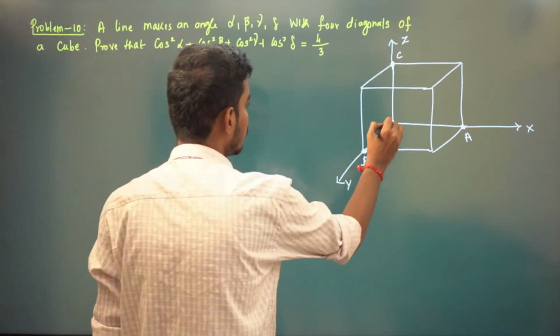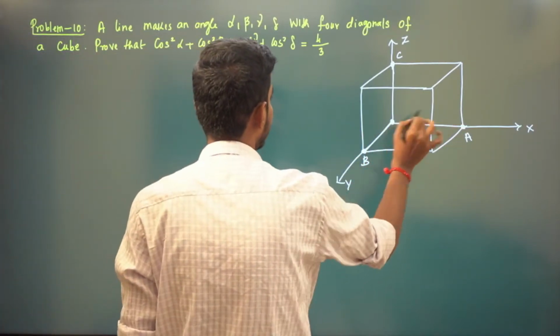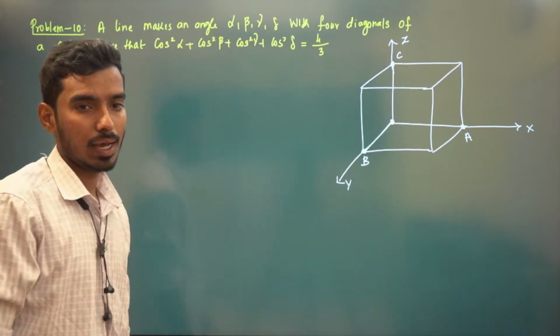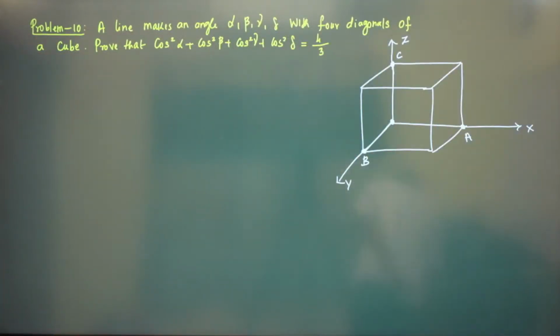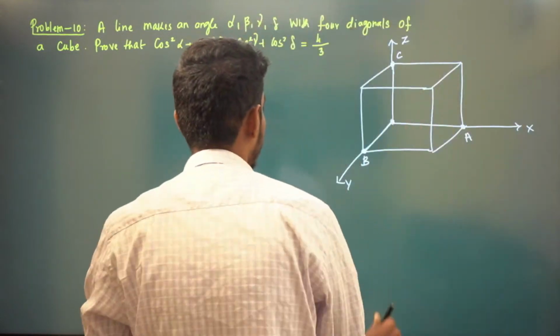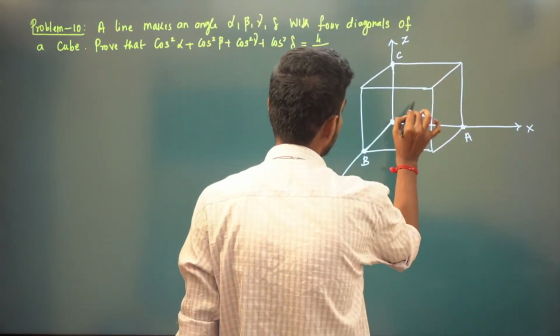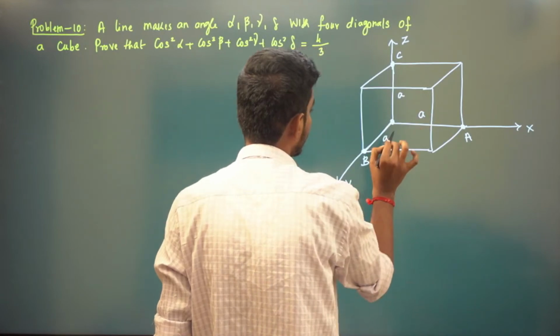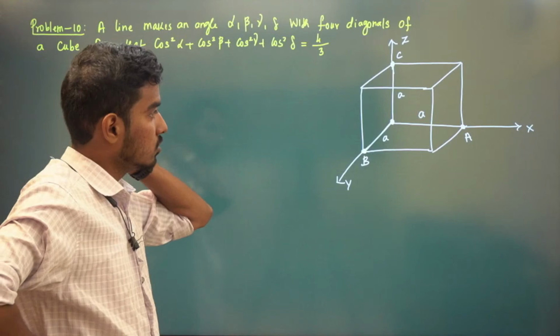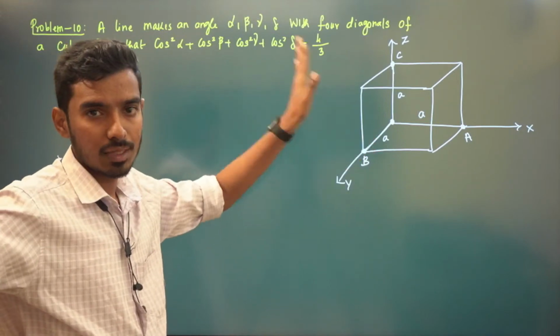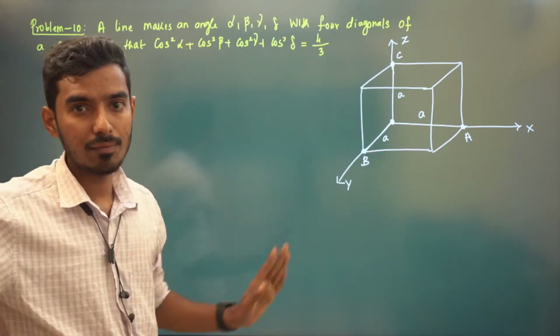Since it is a cube, every side is equal, so we have a only. Let's call this a, this a, this a, because all sides are equal in a cube. So instead of a, b, c, here we have a. The previous one was a rectangular parallelepiped, but here we have a cube.